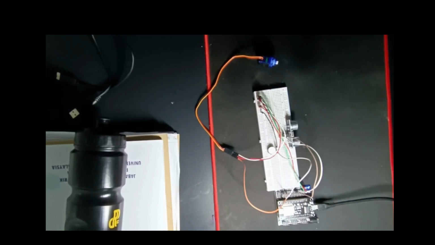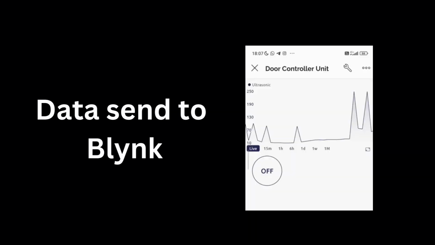So as you can see, if I click the servo switch, the servo will also turn. So this is the security feature for the system. That's all from me. Thank you.